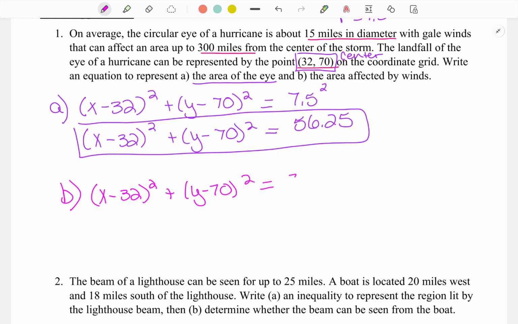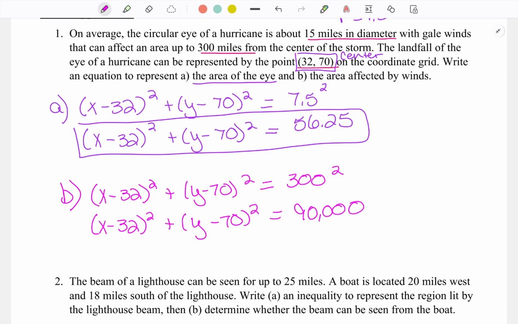And then we are going to need 300 squared, which is going to be 90,000. And so that is our answer for part B.